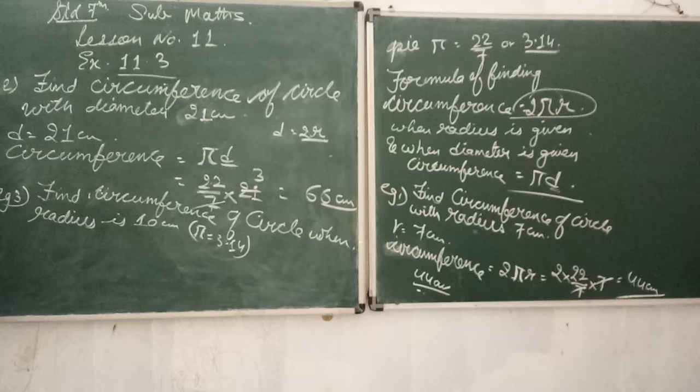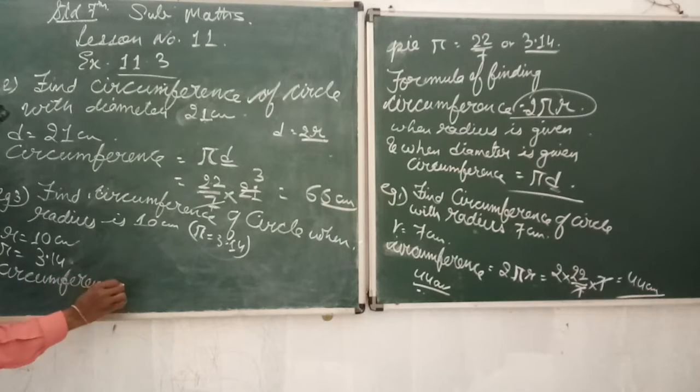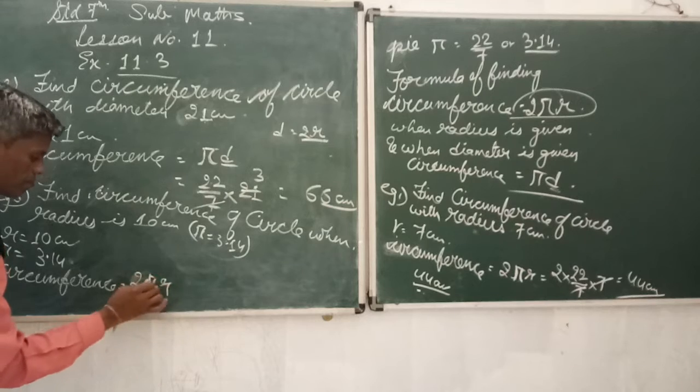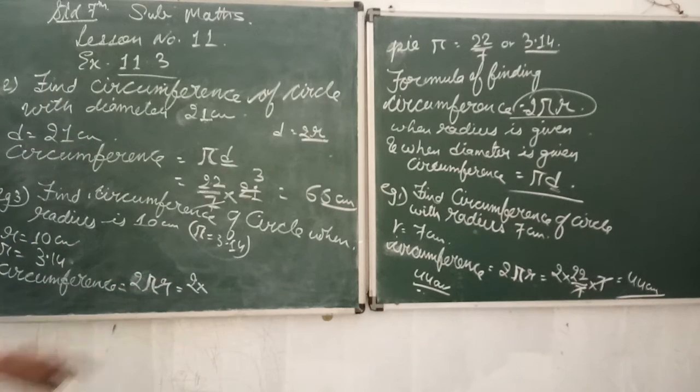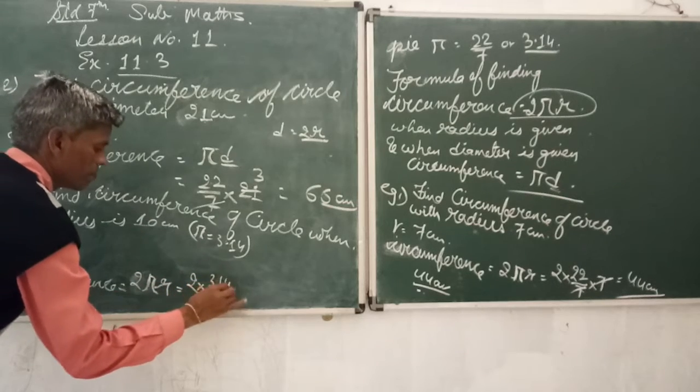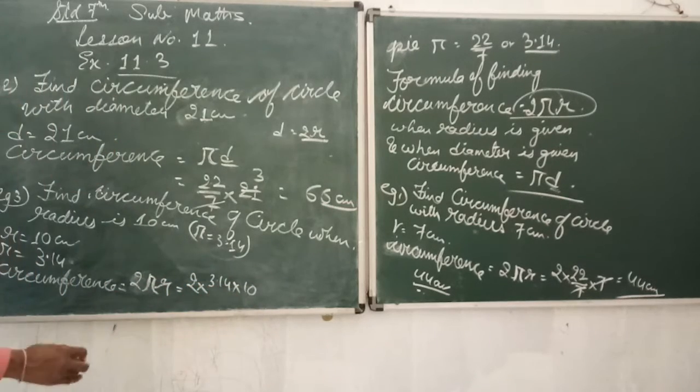Your radius is given, 10 centimeter, pi is 3.14. Circumference is 2 pi r, 2 into 3.14 into radius 10.